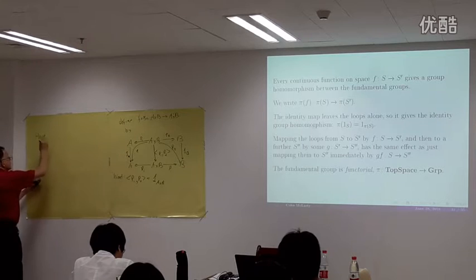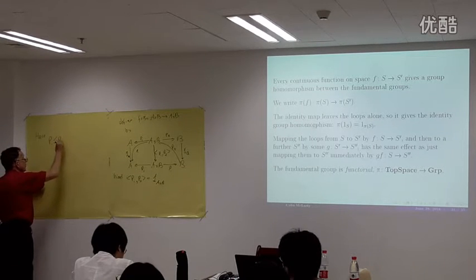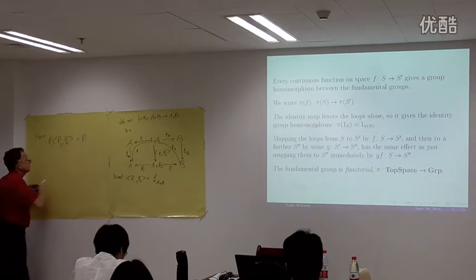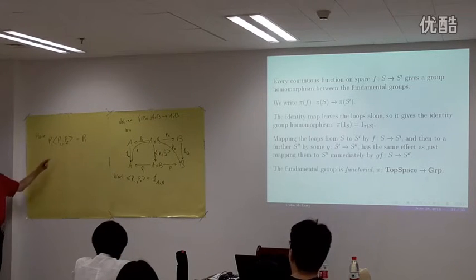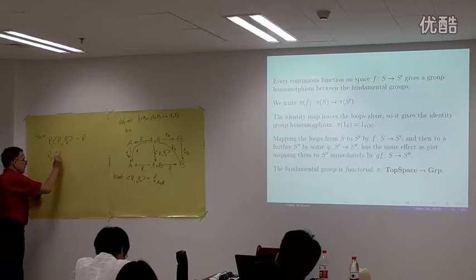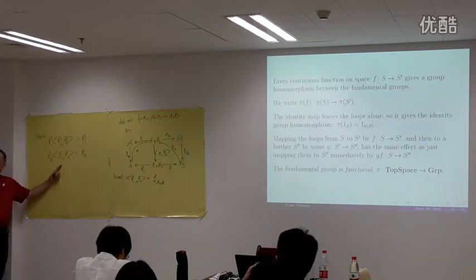I know that P1 composed with the pair P1, P2 is P1. That's making this look like an identity arrow. And I know that P2 composed with this pair is P2. That makes this look like an identity arrow.